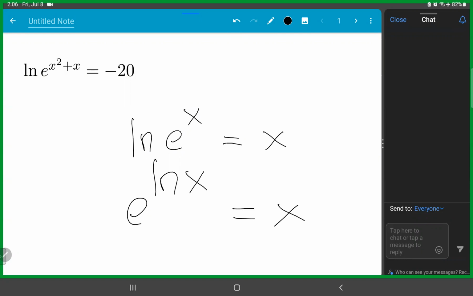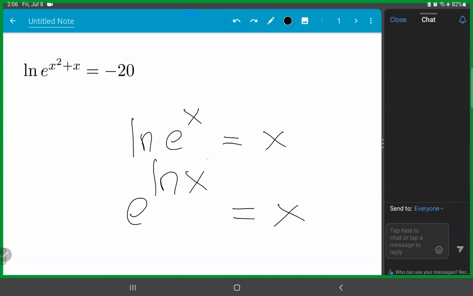What these two equations say is that the natural logarithm and the natural exponential undo each other. If I raise e to x, and then take the logarithm of that to base e, I get back x, the input number.